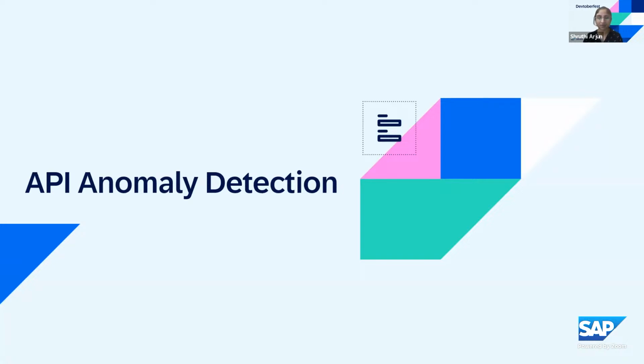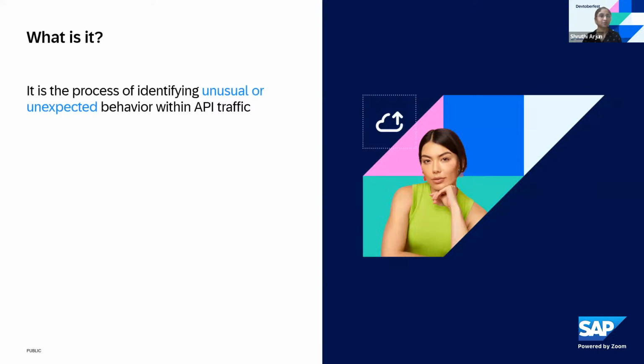What really is API anomaly detection? Now, first and foremost, with API management, we allow you as API owners to develop and deploy APIs to perform certain business functions, to add security over backend services, to add traffic management policies, etc. Now, while the traffic is flowing, normally it does so on a certain expected pattern.